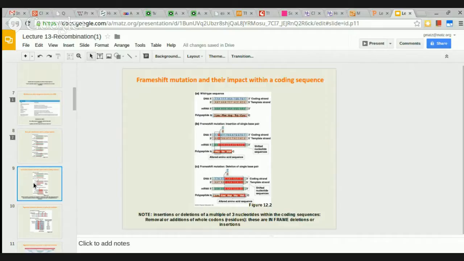And so some amino acids are going to be added that have nothing to do with the normal protein sequence. And in fact, a stop codon is very likely to be encountered downstream of that frameshift. In a sense, the sequence downstream of the frameshift, even if it's a single nucleotide, becomes non-coding.